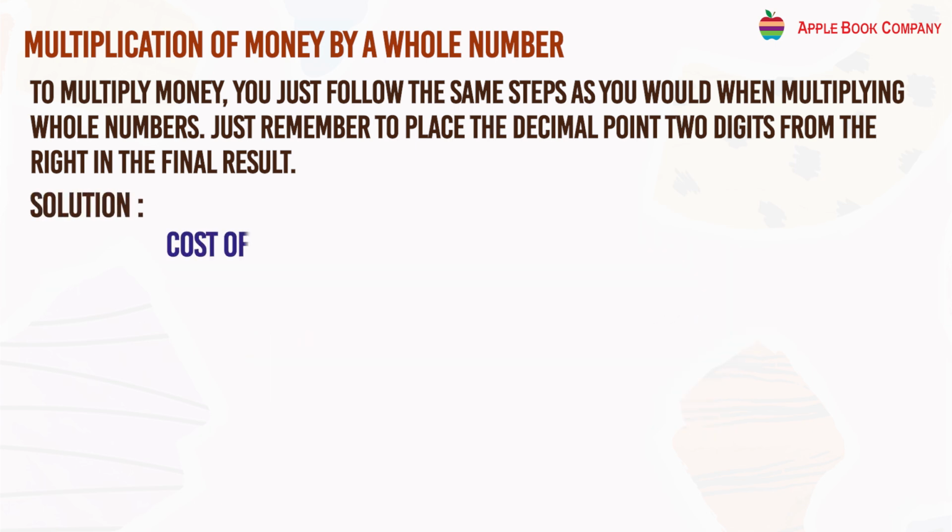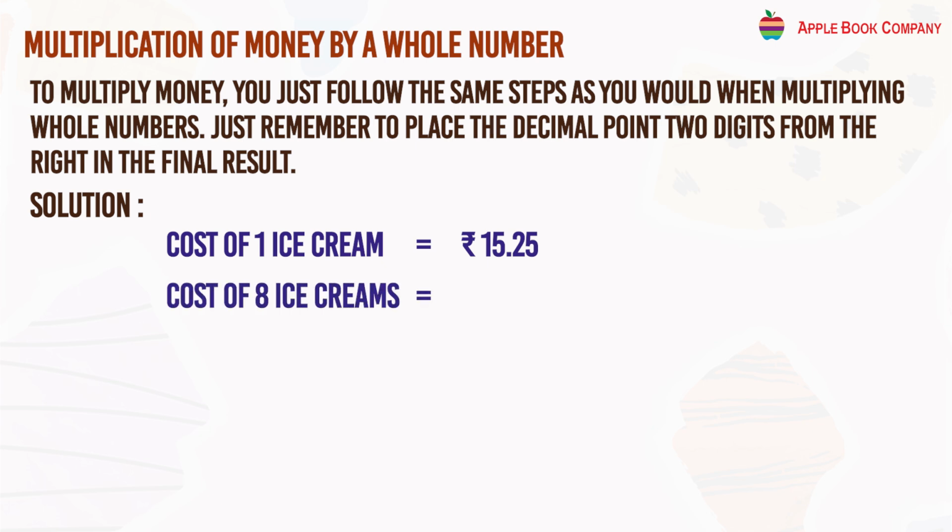Solution. Cost of 1 ice cream equals Rs 15.25. Therefore, cost of 8 ice creams equals Rs 15.25 into 8, which is equal to Rs 122.00. Put a decimal point after 2 digits from the right.